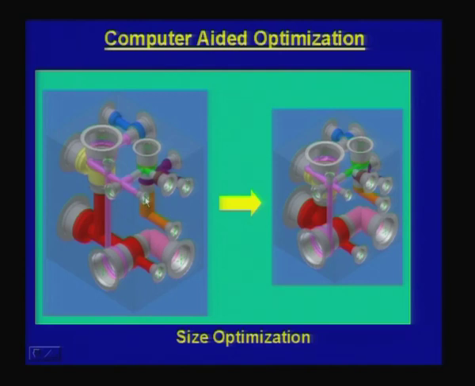As a part of the design, the designer has arrived at a configuration for these cavities and the connections to be made, and this manifold is intended to do a certain function. What you see on the right is the same manifold, but more optimal in the sense that it has the same topology, the same type of connections between cavities, but it is much more compact, because its size is considerably less than what you see on the left.